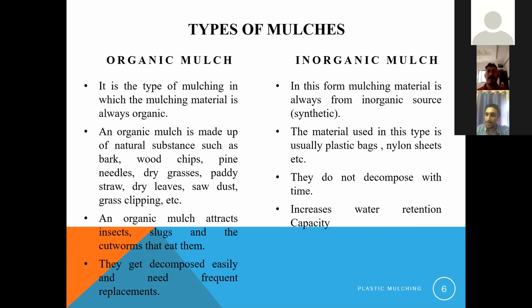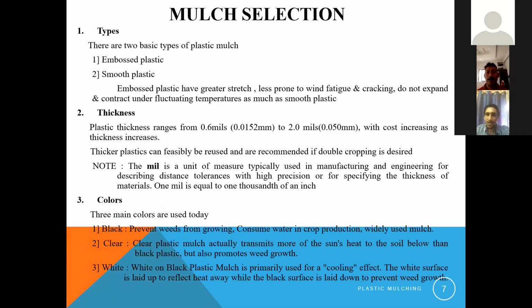So the next slide, mulch selection. So which one is better? Omkar, which one is better, inorganic or organic? Basically, sir, inorganic is good compared to organic. Why? Because, sir, it is not decomposing.